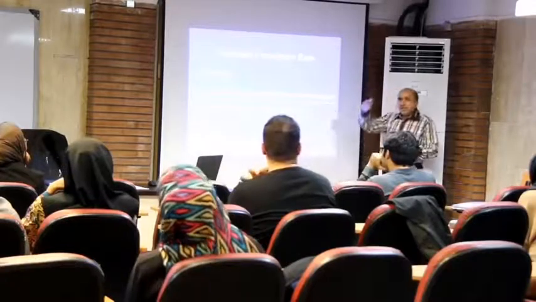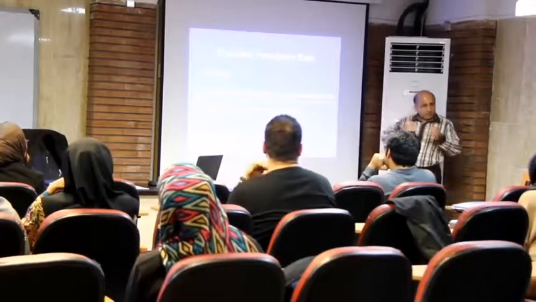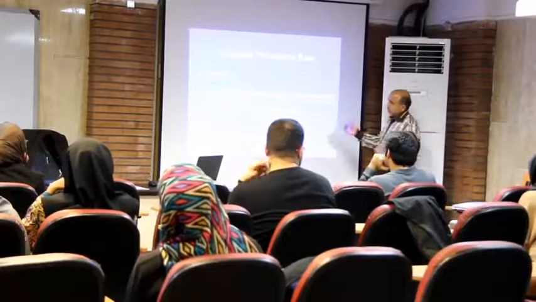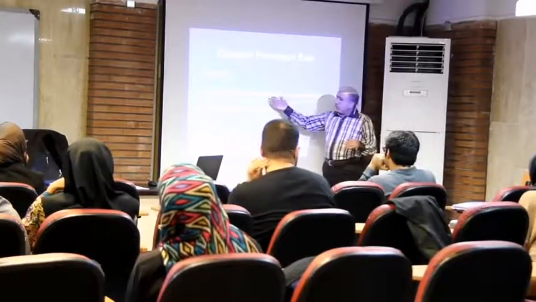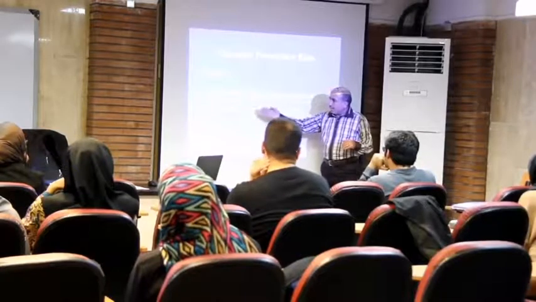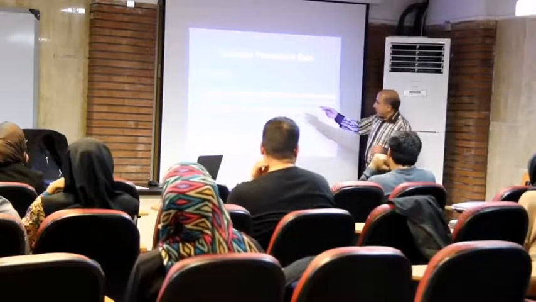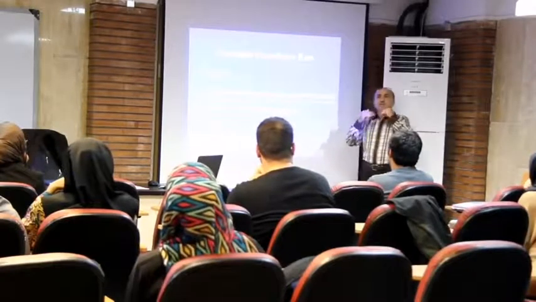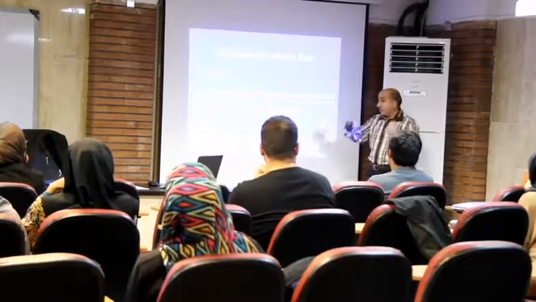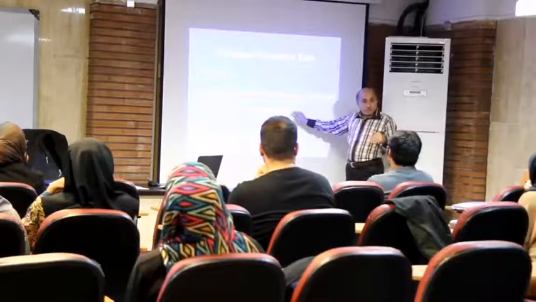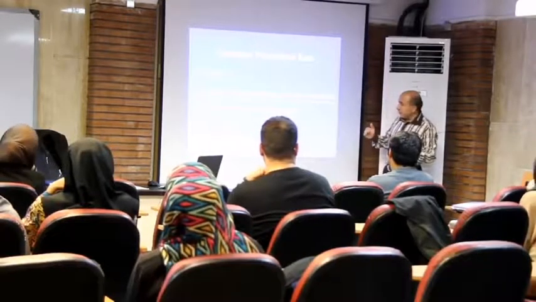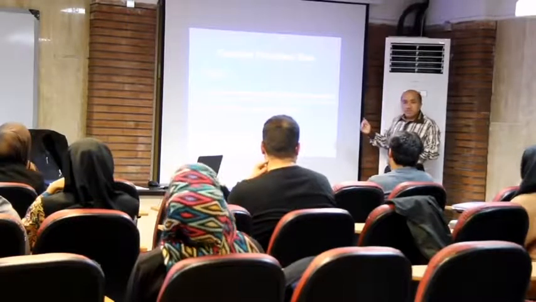We have a numerator and denominator. For the numerator, all new and existing cases during a given time period. For the denominator, we have the population during the time period.